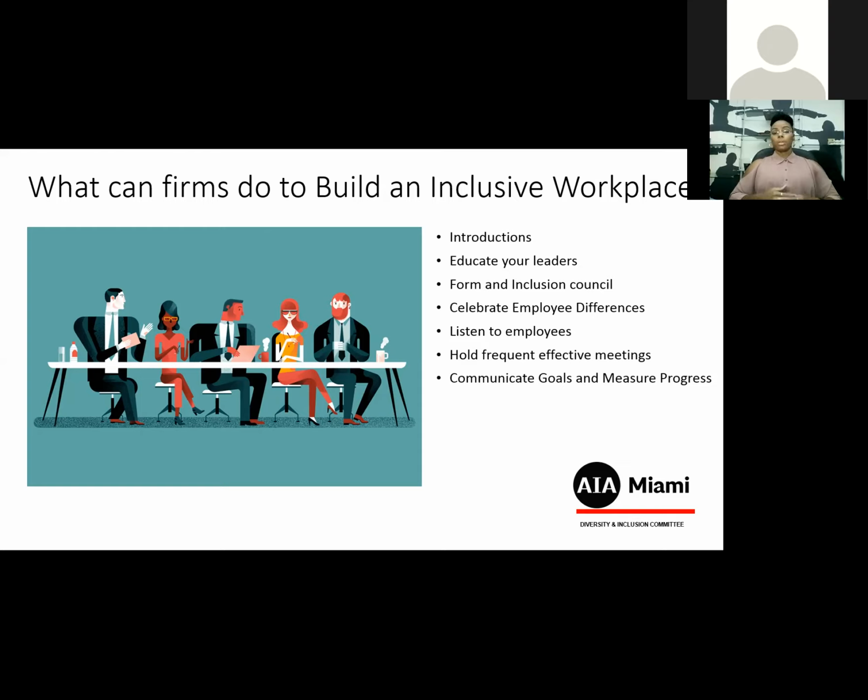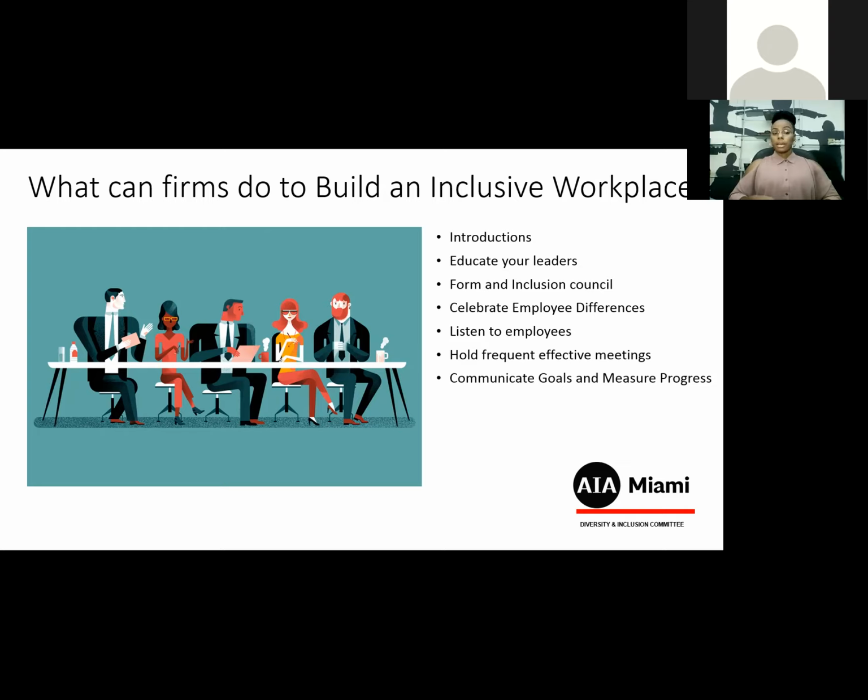Have monthly or yearly progress reports. Look to your left, look to your right as leadership. Are the people to your left and right a proper representation of the demographics that make up your company? If the answer is no, then you have work to do.